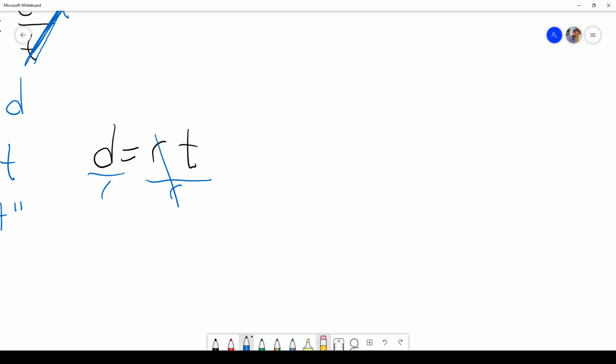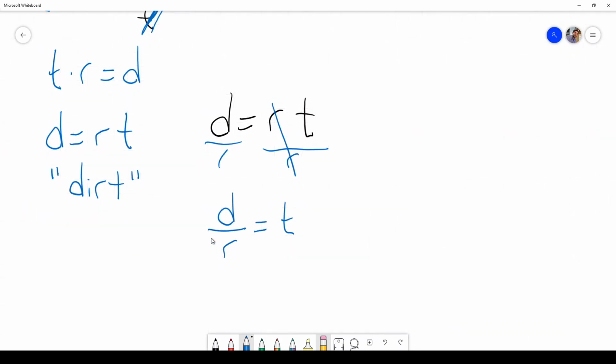What happens to the R? They cancel. Now D over R equals T. And I can write T on the other side, and I erase this. Same thing on that side. So I can solve it any way I want.